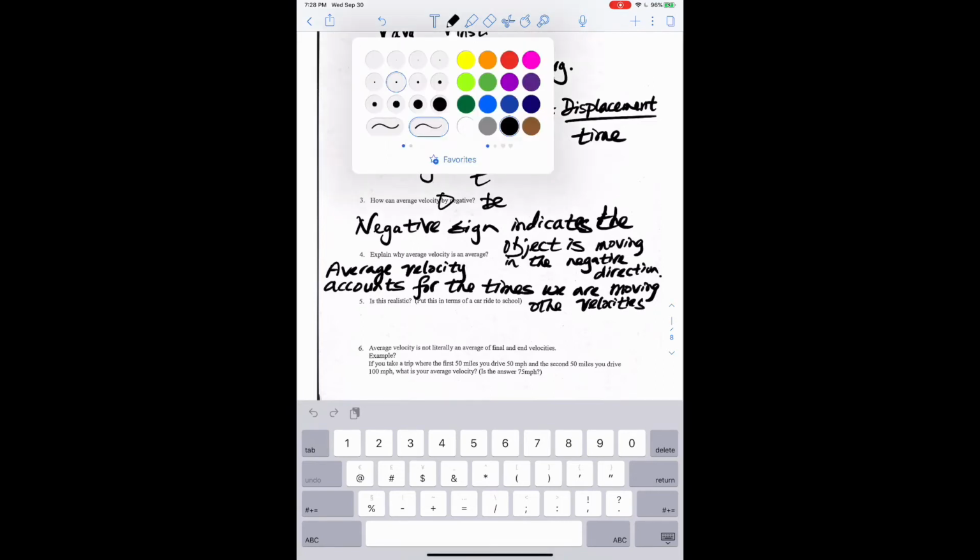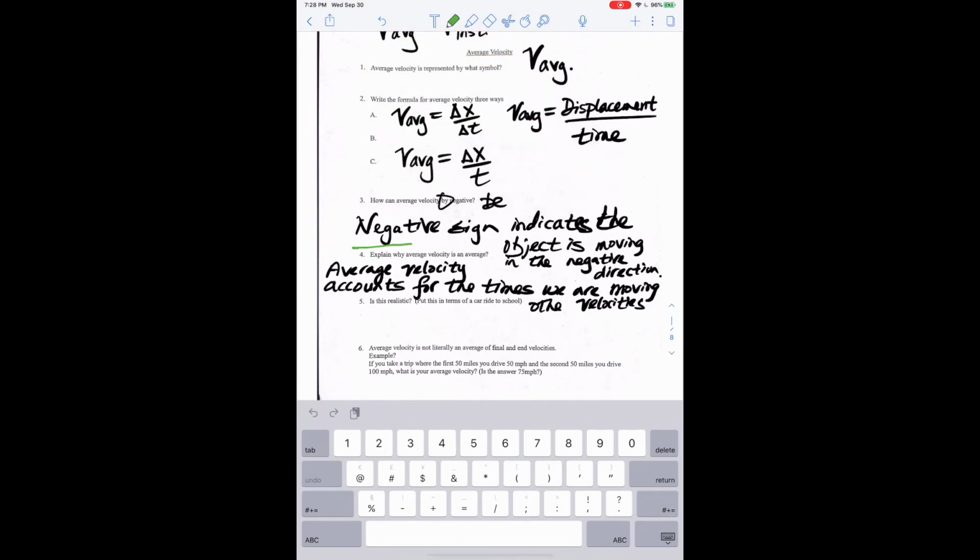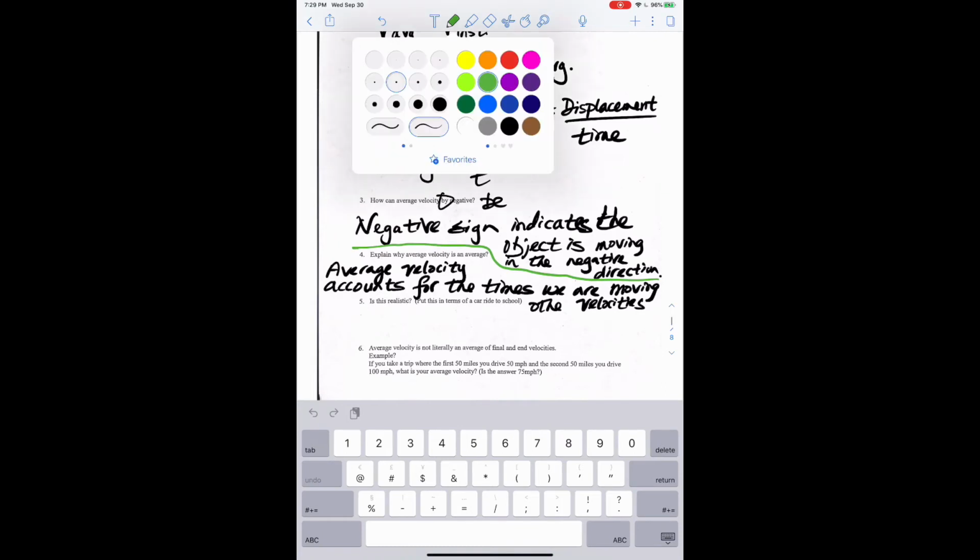Let me split this up somehow with some green here. Okay, so average velocity accounts for the times we are moving at other velocities.